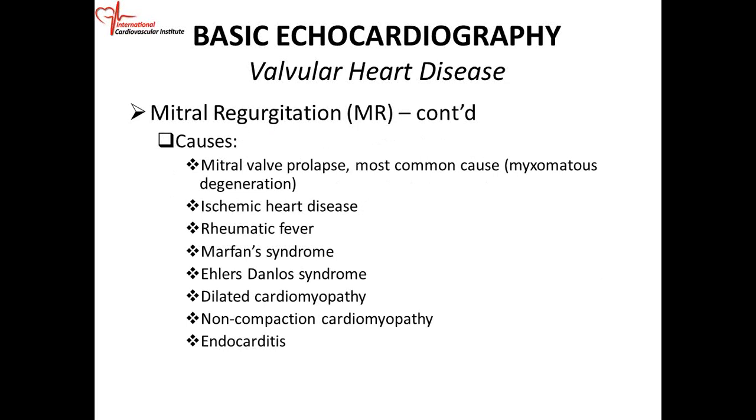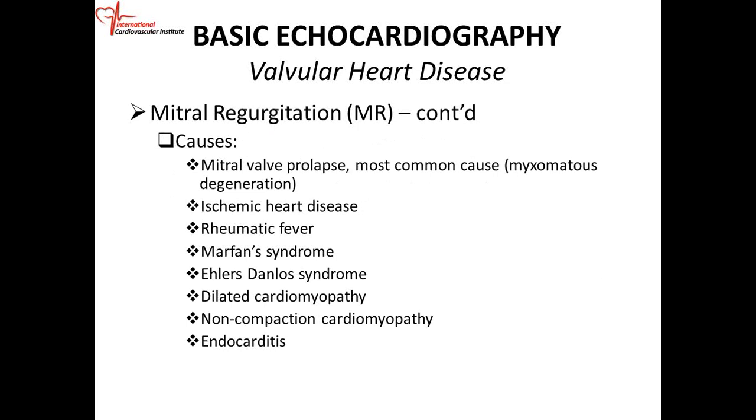And mitral valve prolapse goes by many other names. You'll see Barlow syndrome, myxomatous degeneration, among a few. With mitral valve prolapse, you have a redundancy of the valvular apparatus, and the valve does not close properly.